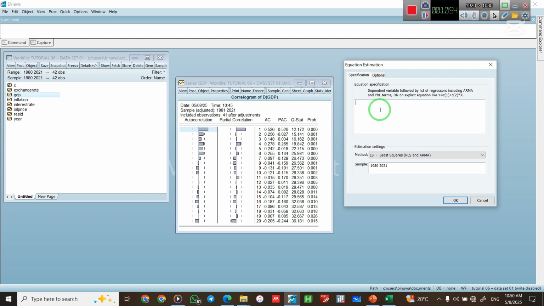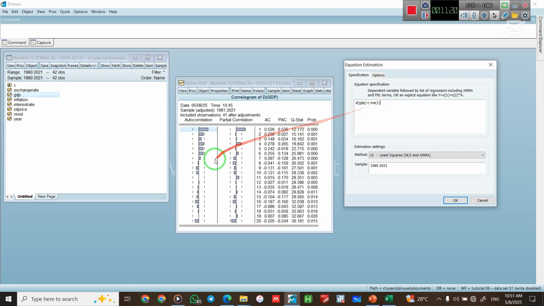First I'm going to type D, then in brackets I'm typing GDP, then this window will pop up, you can double click it here and close the bracket, then constant C, and then identify the number of MA terms. In here we have MA1 only, so I will be typing MA1, right?